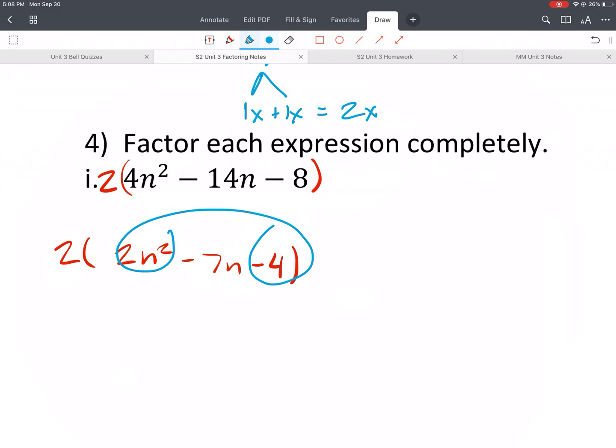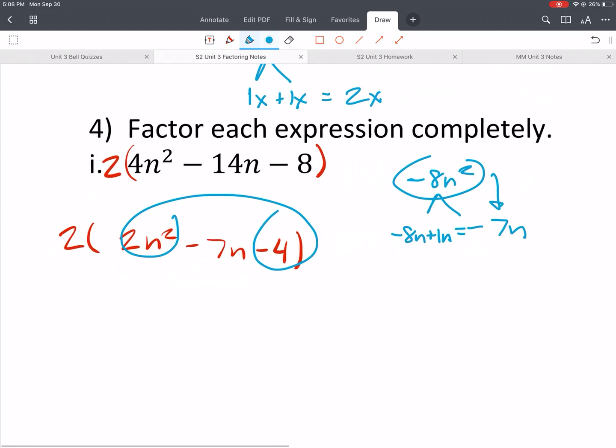So this is kind of where a is not 1 and we have a GCF. Here we'd get negative 8n squared, and we want to give us a negative 7n. Again, this is negative, so we know that this is the difference between those two, so it's got to be 1 and 8. So negative 8n times a positive 1n gives us a negative 8n squared, and then if we add those, that gives us a negative 7n.